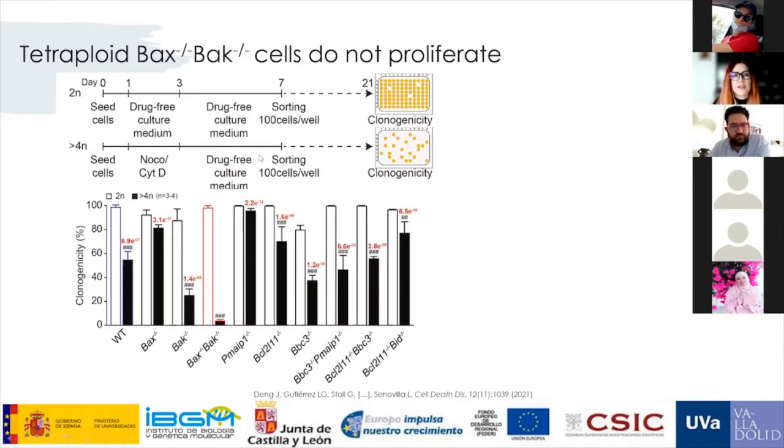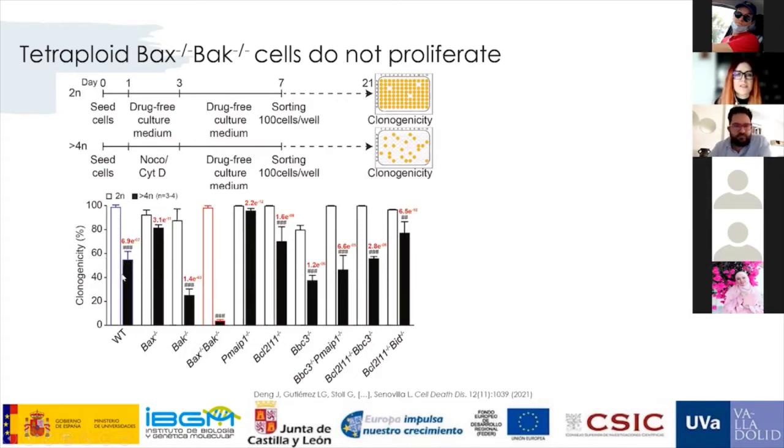Then what we sort after 1 week will be stable tetraploid cells. As with the diploid cells, we sort 100 cells per well. We keep this 96-well plate in the incubator for 2 more weeks, so this experiment takes 3 weeks. At the end, we count in how many wells we have colonies, and this is the percentage that we observe here.